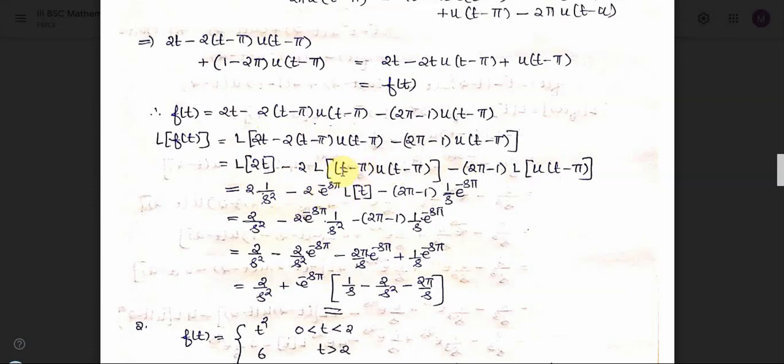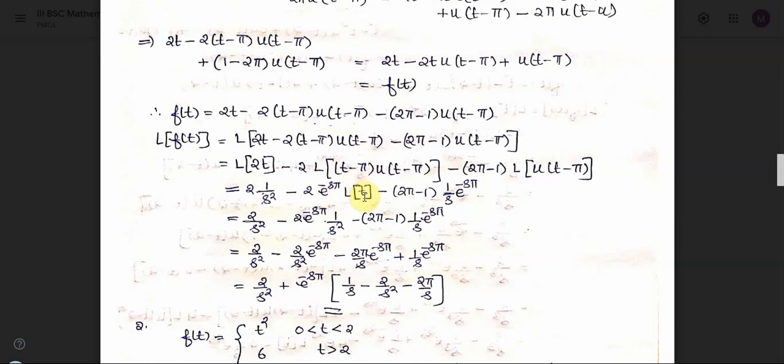If the function is of the form L of f of t minus a into u of t minus a, then it is nothing but e power minus sa into L of f of t. What is f of t? F of t is nothing but, from here if I remove minus pi, then it is f of t. Therefore, it is L of t.